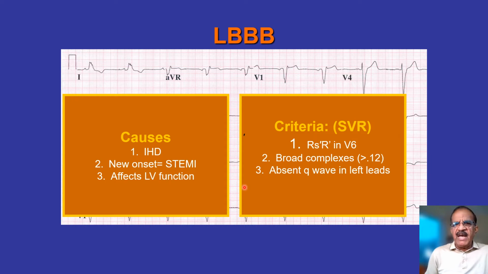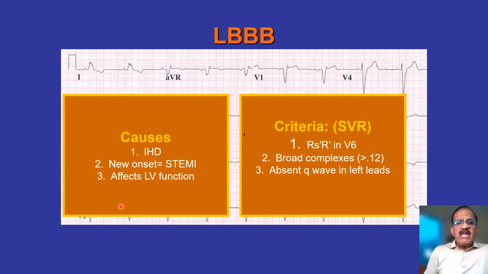And we expect that in this setting with treatment, left bundle branch block will disappear. And it will also affect left ventricular function. Why? Because in order to be effective, the left ventricle should contract as one chamber and in one effective synchronous movement.